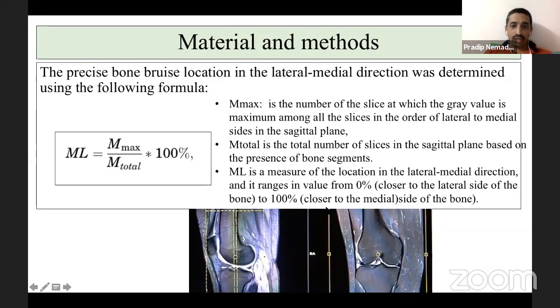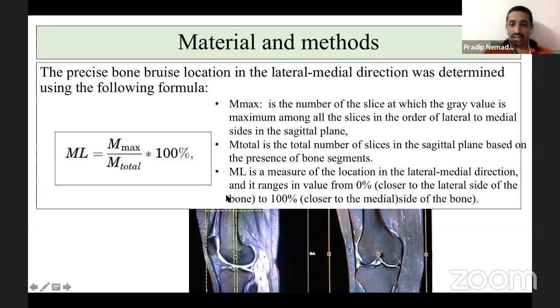So for determining the lateral to medial direction, they found out which sagittal sequence slide showed the maximum amount of bone bruise pattern, and then they divided the slides from 1 to 100, and that location was calculated based upon this percentage method, and thus they have a value of 0 to 100.